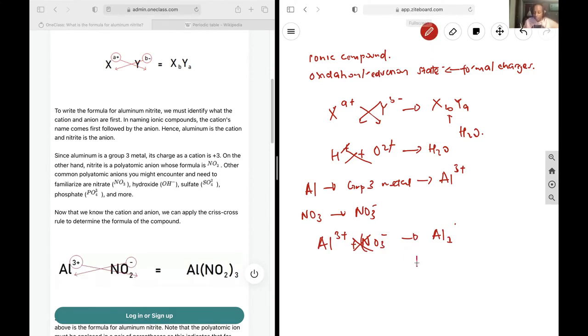So it's going to become NO3, 3. And so let's just write that up here. Sorry, it's NO2, because we're doing nitrite, not nitrate.